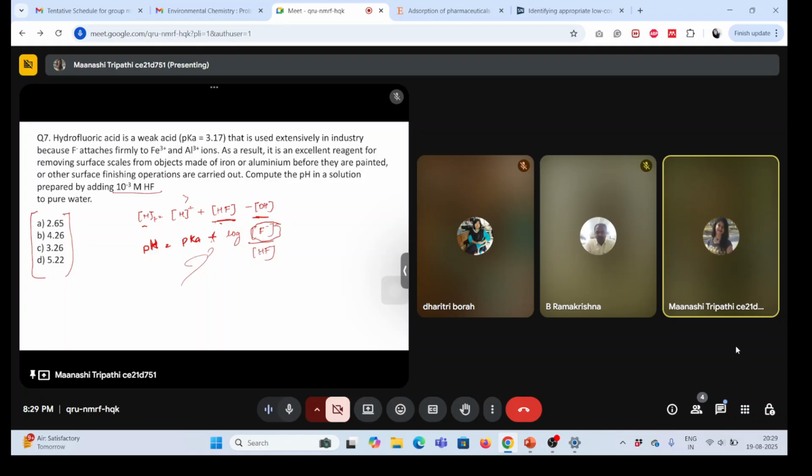We cannot calculate. Either way, we need F to apply the Henderson-Hasselbalch equation. Either we need F or we need pH. What will be the F total? It will be F plus HF. The answer is 3.26.